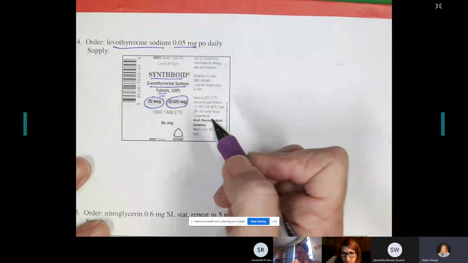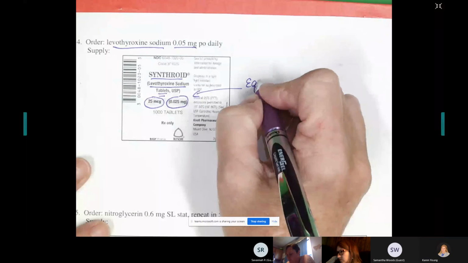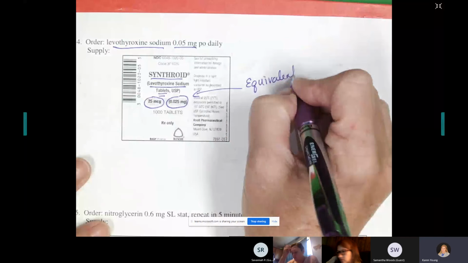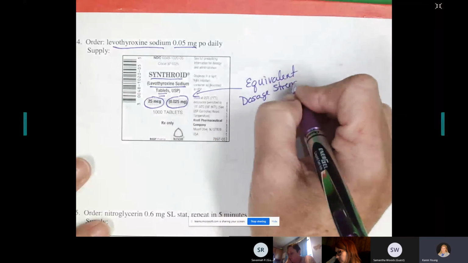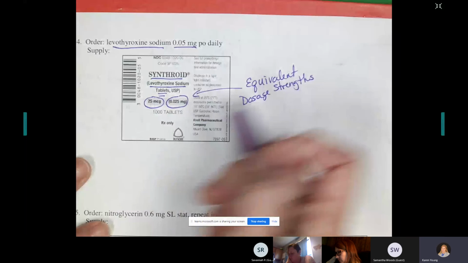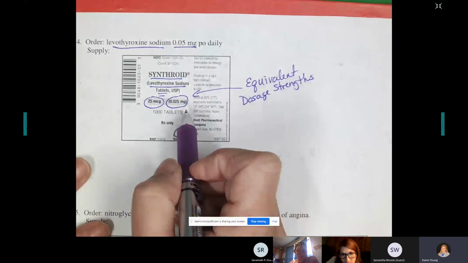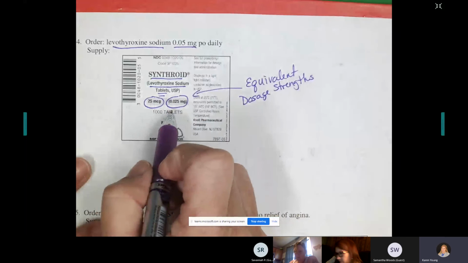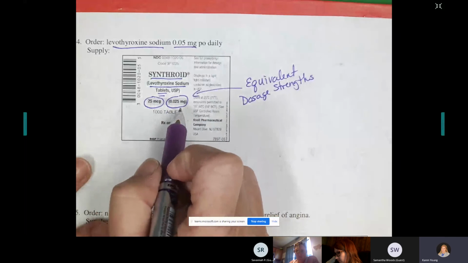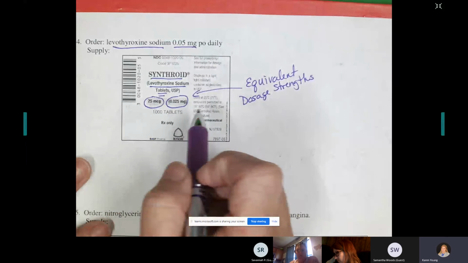These are equivalent dosage strengths. So it's 25 micrograms or it's 25 thousandths of a milligram. We can use either one of these to calculate our dosage.